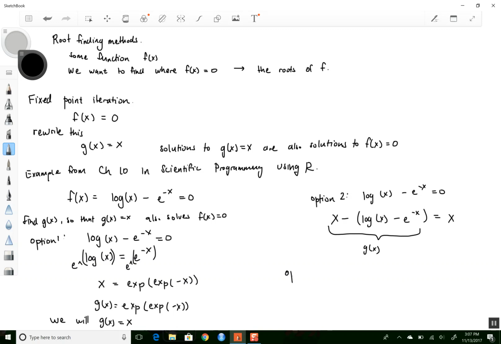Or another option, we've got lots of options, and there are many ways to solve the problem, is we could just add x to both sides, and we can have x plus log of x minus e to the negative x is equal to x. And we'll call this g of x.